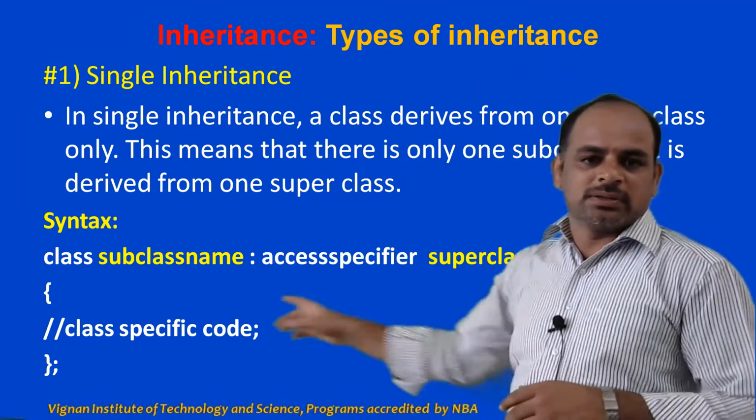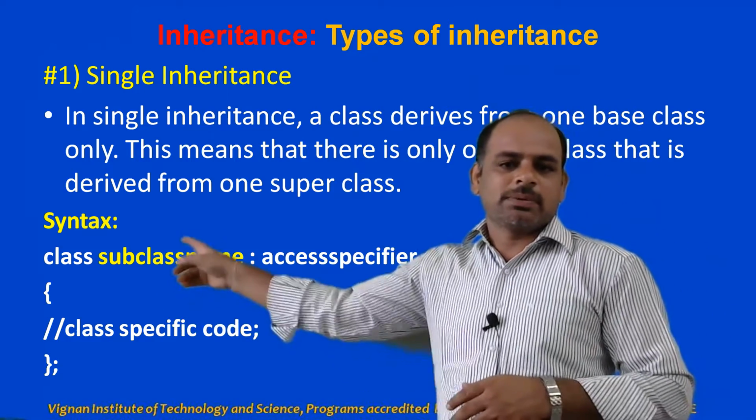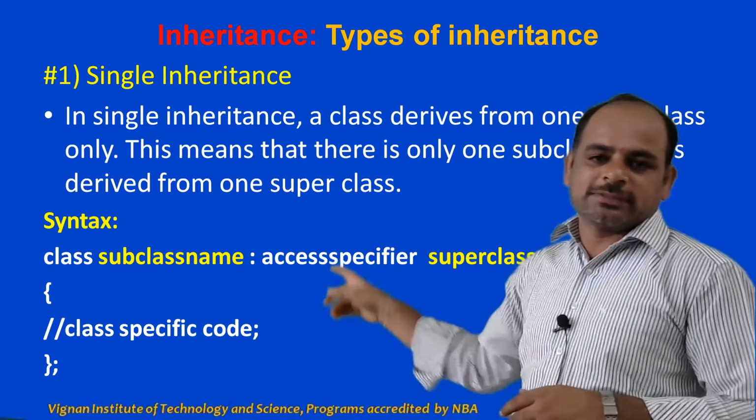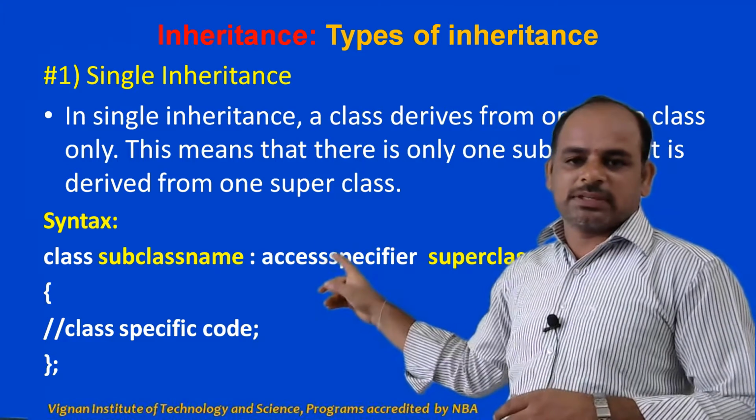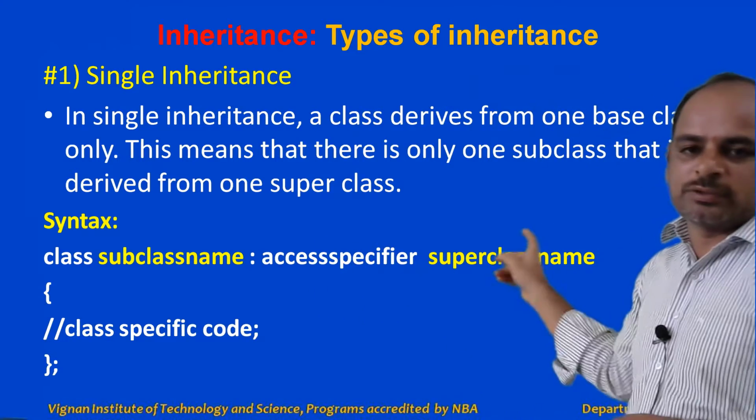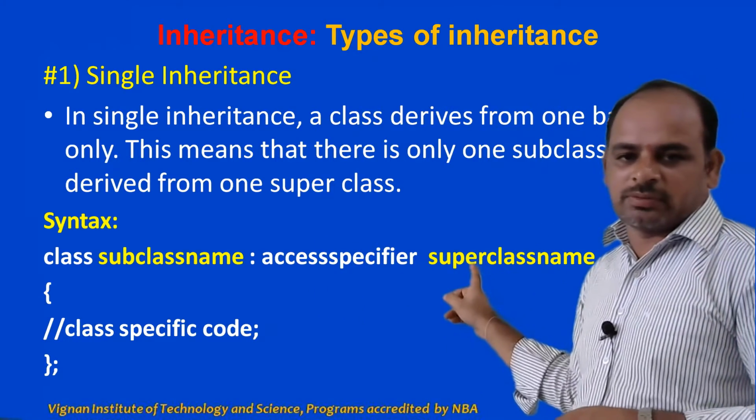The syntax is class, subclass name, access specifier. Already we have seen the modes of accessing the base class, either public, private, or protected, and you can give the superclass name or base class name here.